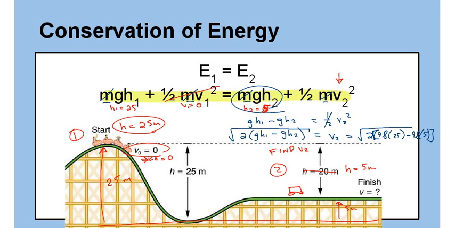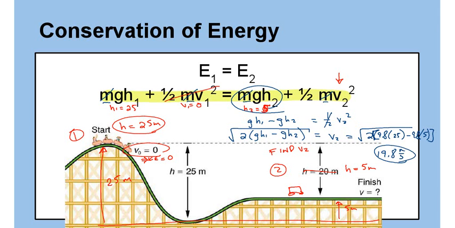And that's what we're trying to do here. So I'm going to do square root of 2 parenthesis 9.8 times 25 minus 9.8 times 5, and I get about 19.8. That's a velocity. If you chased all the units, I didn't have room to put them in there, but we'd be moving 19.8 meters per second right there.